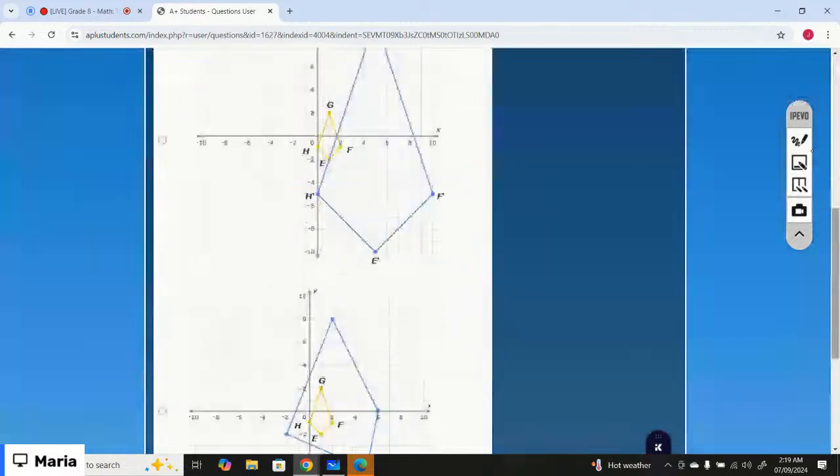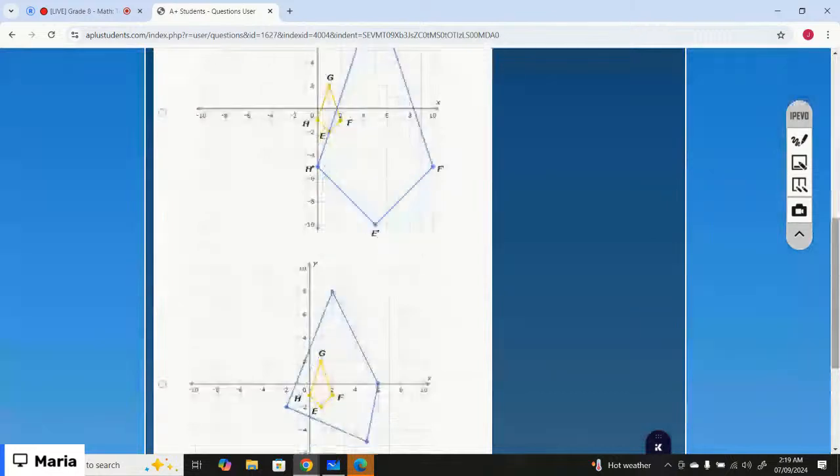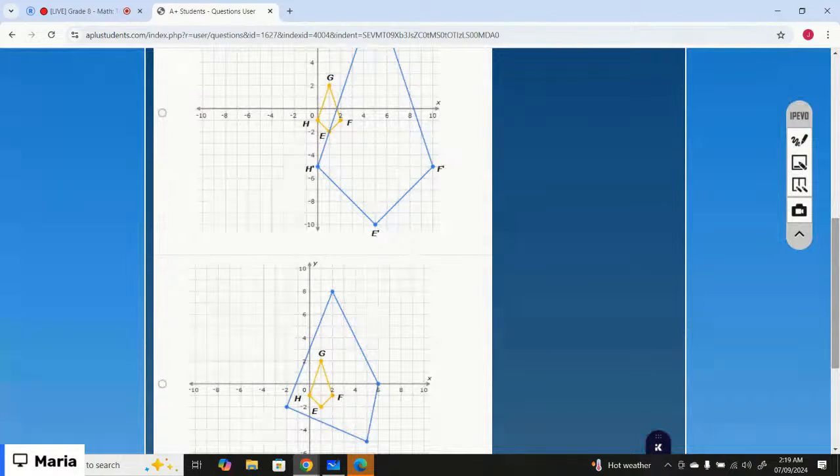Option 1 and 2, you can see both the options, so you can tell which option is the correct one. Option number 1 is the correct option, right?